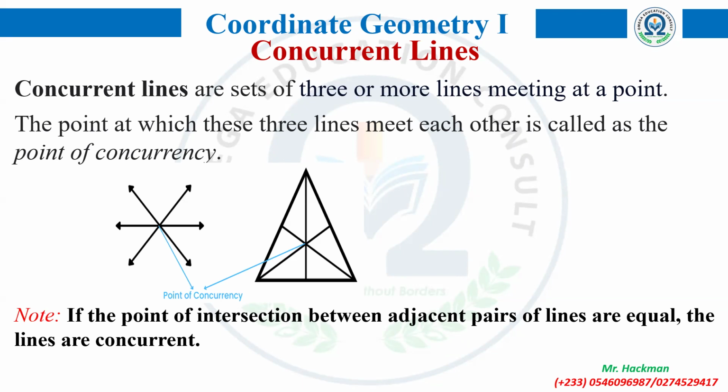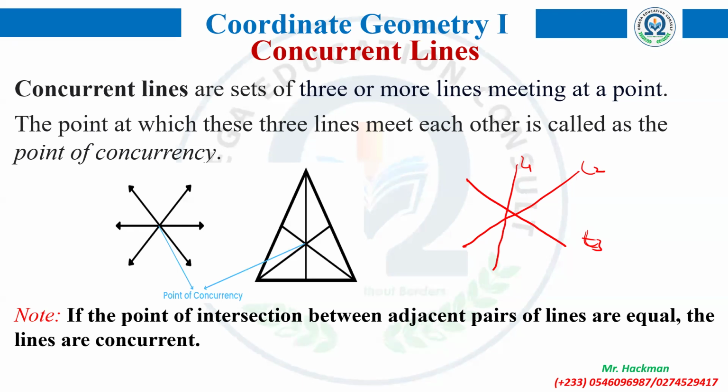Yes, please. Okay, very good. But what you just said, the point of intersection will be the same for all the lines, right? Yes, they should all meet at the same point. So if I have line 1, line 2, line 3, are these 3 lines concurrent based on the explanation given?